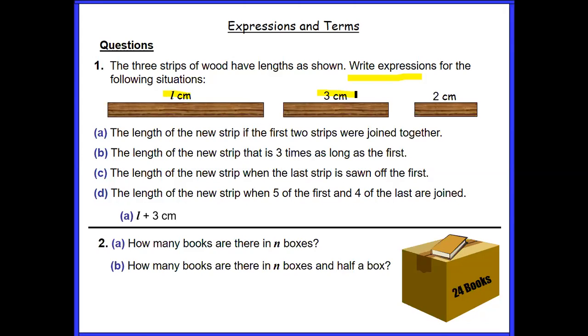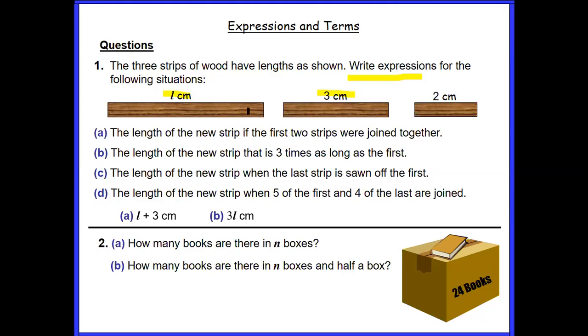The length of the new strip that is 3 times as long as the first one. If I made a new strip of wood with 3 lots of the L centimeter strip, that would give us 3L centimeters. Not 31, that's 3L. For the third situation, the length of the new strip when the last strip is sawn off the first.